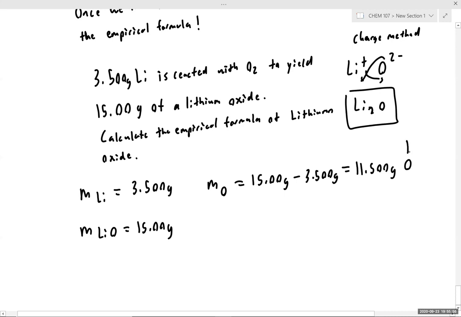Notice we're referring to atomic oxygen because that oxygen is the mass of oxygen as part of our chemical formula. Does this first step make sense?